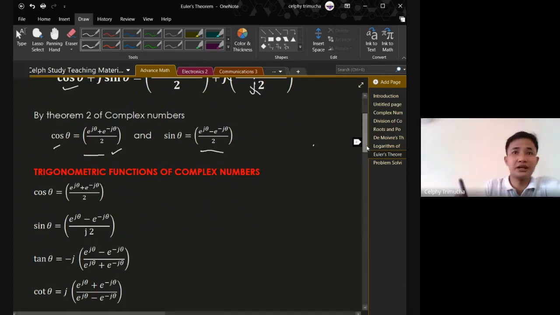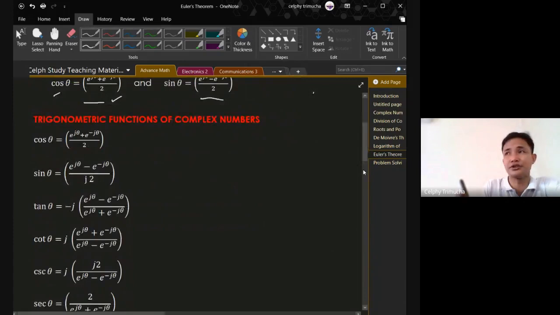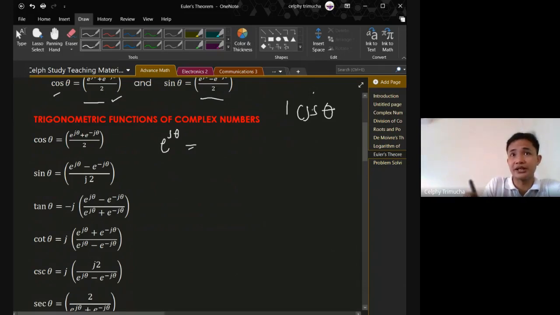So if we go back to our conversion of complex numbers, for example, we have e raised to j theta. For example, with magnitude 1, this will be equal to cis, right? 1 angle theta, cis theta. Cis has both a cosine and a sine function, and the sine comes with j.